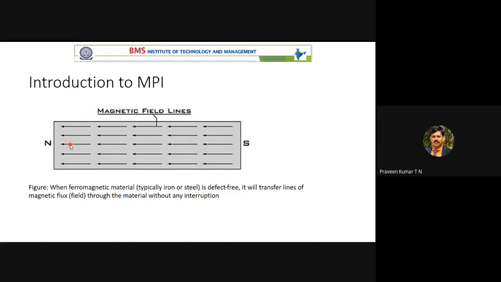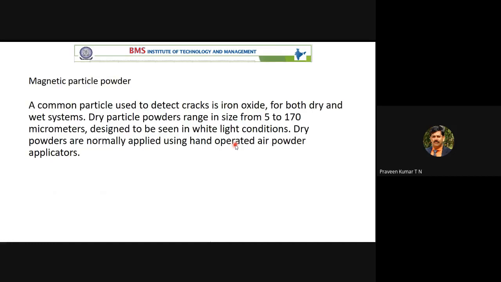It is only a schematic diagram. Don't think that it moves like an arrow. It is not like that. This is a schematic sketch. When a ferromagnetic material, typically iron or steel, is defect free, it will transfer lines of magnetic flux through the material without any interruption. There is no interruption here because the material is homogeneous, with no defect and no crack.